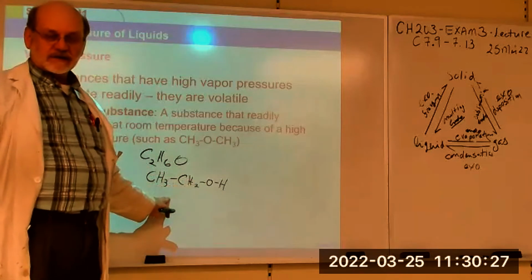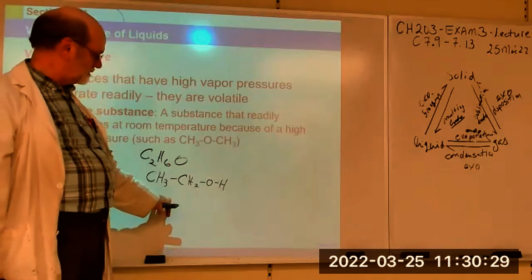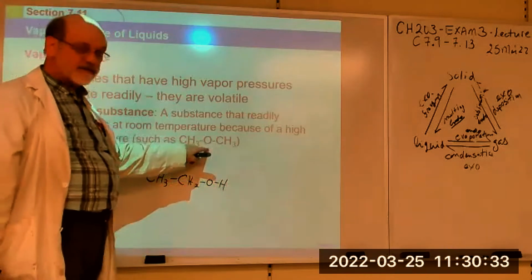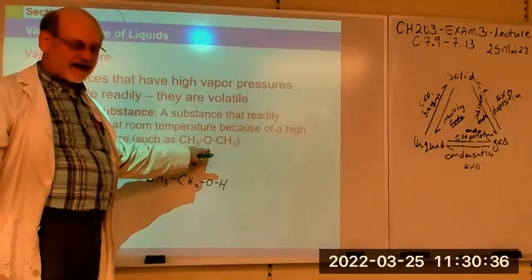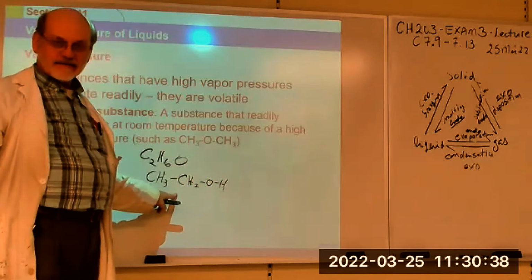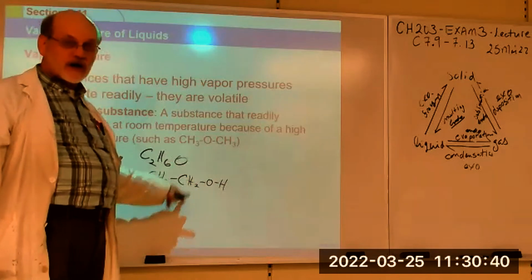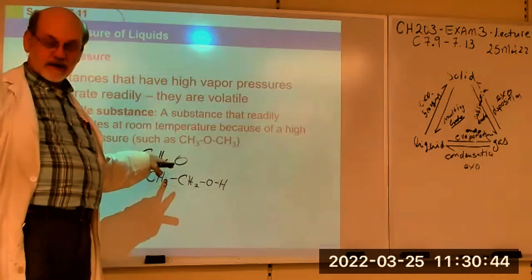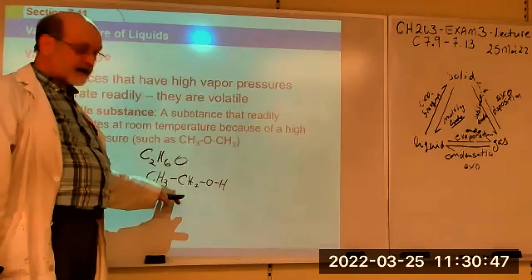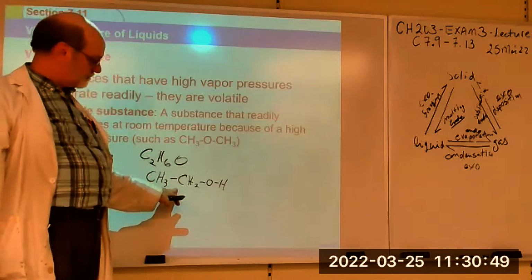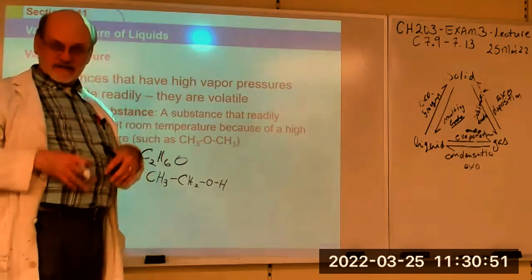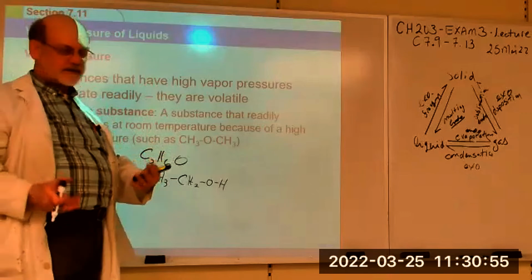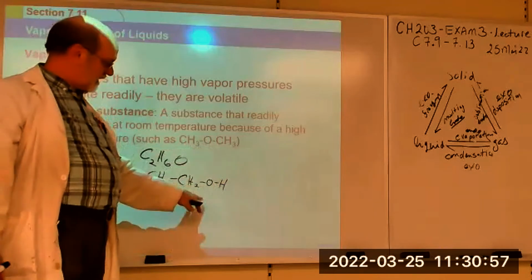This is ethanol, the drinking kind, as opposed to ether. The vapor pressure of ether is extremely high. The vapor pressure of ethanol, by comparison, is low. They have the same molecular formula, but different structures, which gives them different cohesive forces. This has virtually none, and this has some.